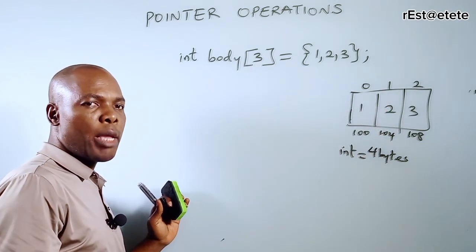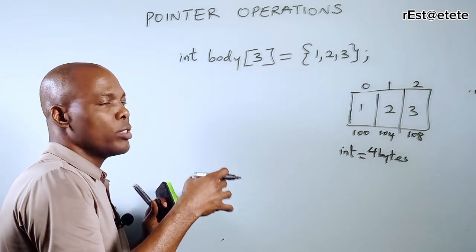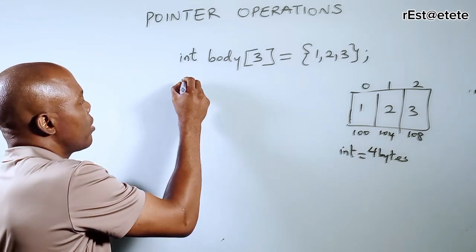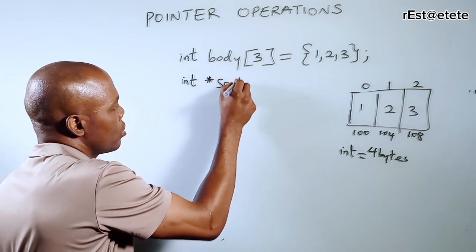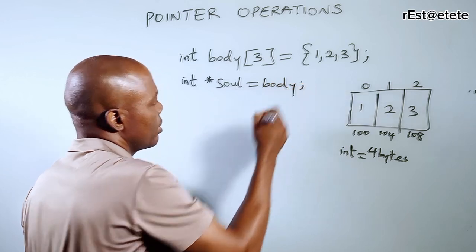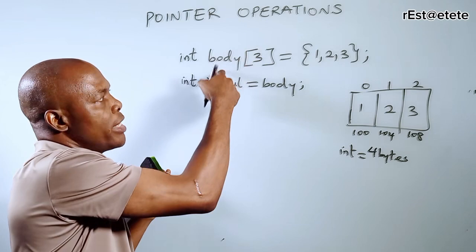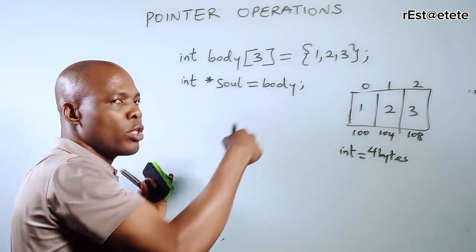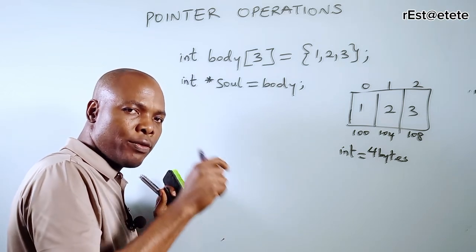Now I am going to declare a pointer to point to this. And then I'm going to use that pointer, using pointer arithmetic, to access all these values. So what will I do? I will come here and say int pointer sol, assign body. By just writing the array name, this will automatically resolve to the address of the first element.